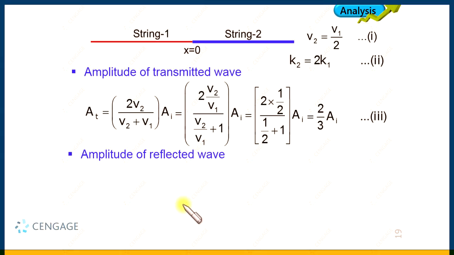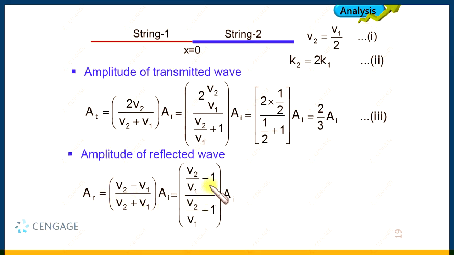We have the expression AR equals V2 minus V1 divided by V2 plus V1 multiplied by AI, and here also we can take V1 as common. So, this is V2 divided by V1 minus 1, and here is V2 divided by V1 plus 1, and V1 will get cancelled, then the final equation will be this much.